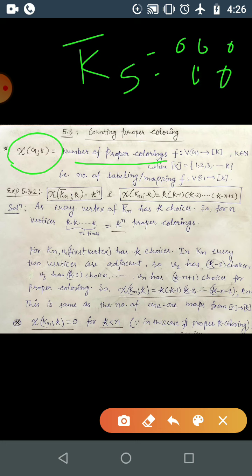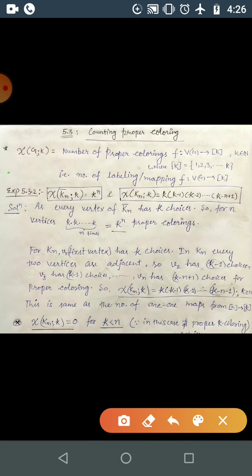So for 5 vertices, this will be the chromatic polynomial, which is the number of proper colorings of the graph. We also say this as the chromatic polynomial.